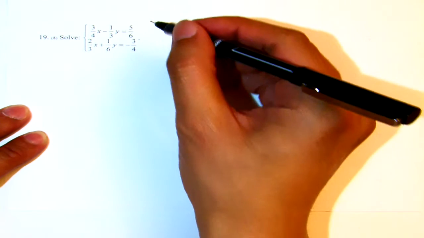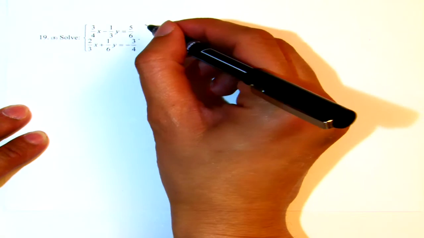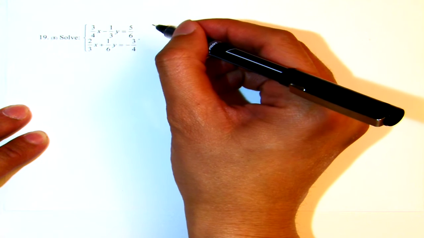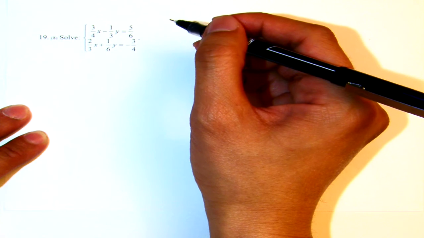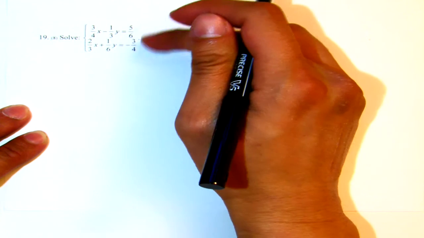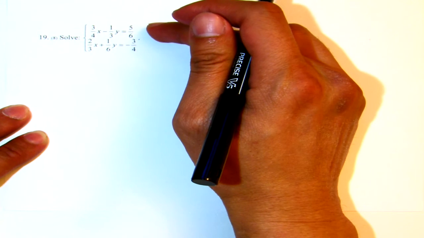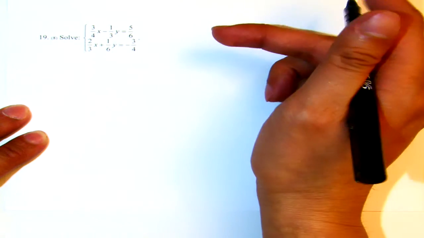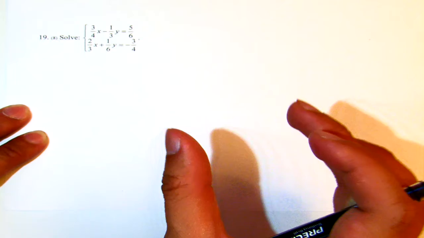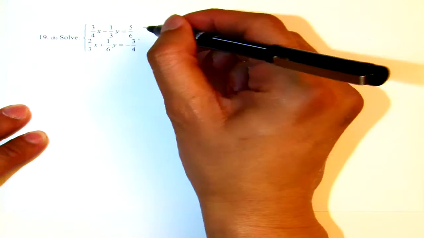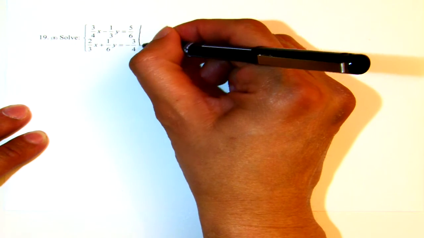One of the key ingredients in solving the system by elimination method is the fact that we can multiply this equation by a certain number and we still come up with an identical equation. Now let me show you what we can do.